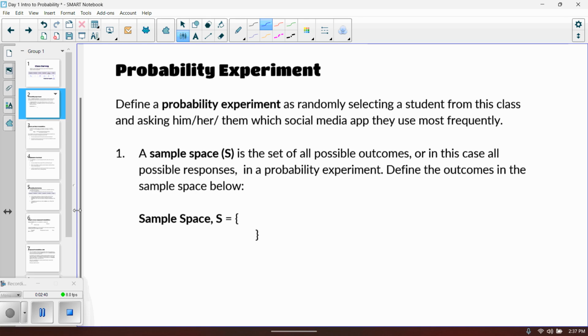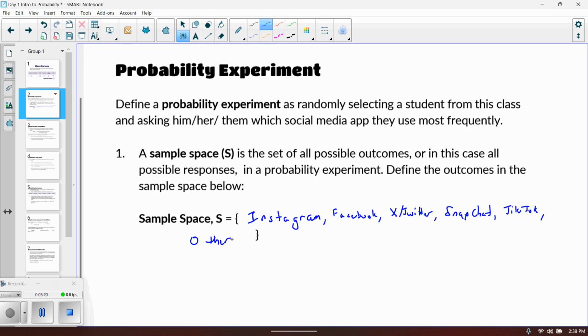So in this case, our sample space was, if I'm remembering correctly, and it does not have to be in any particular order: Instagram, Facebook, X or Twitter, Snapchat, TikTok, or other. 1, 2, 3, 4, 5, 6.